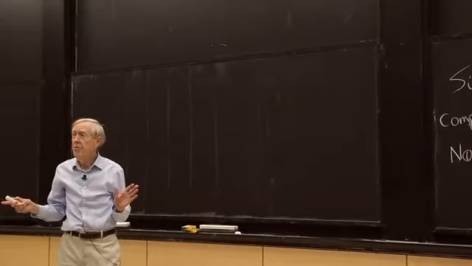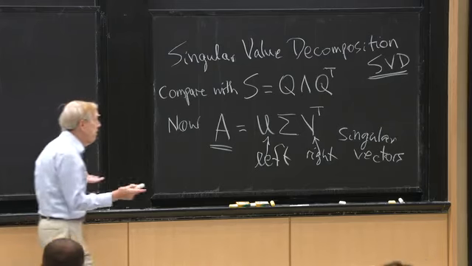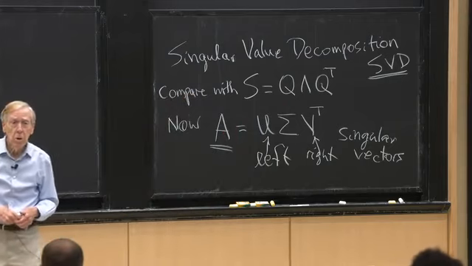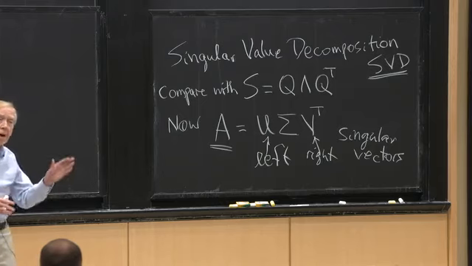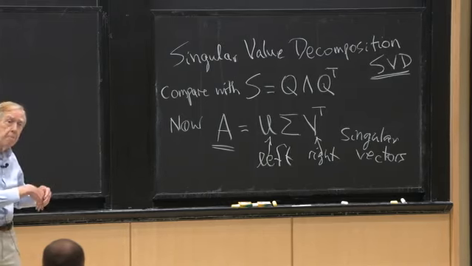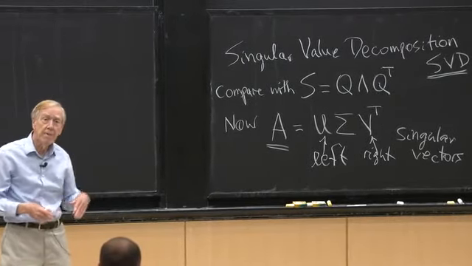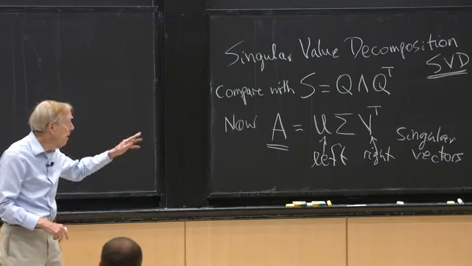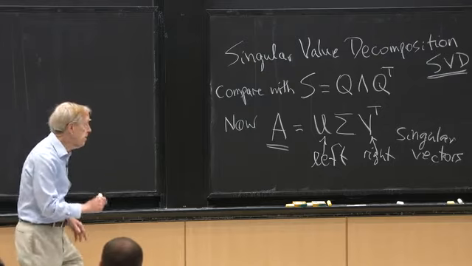There are two sets of singular vectors, not one. For eigenvectors, we just had one set, the Q's. Now, for a rectangular matrix, we've got one set of left singular vectors in m dimensions, and another set of right singular vectors in n dimensions. And the numbers in between are not eigenvalues, but singular values.